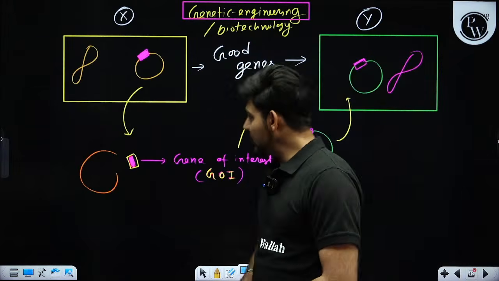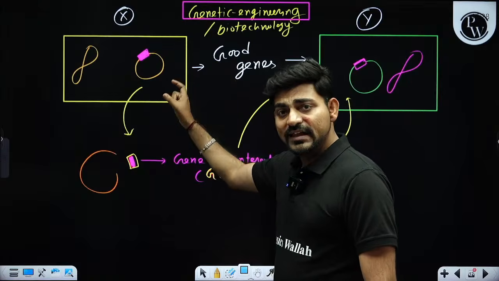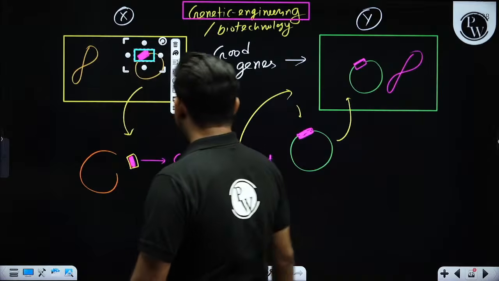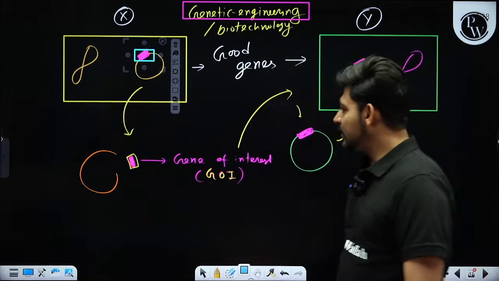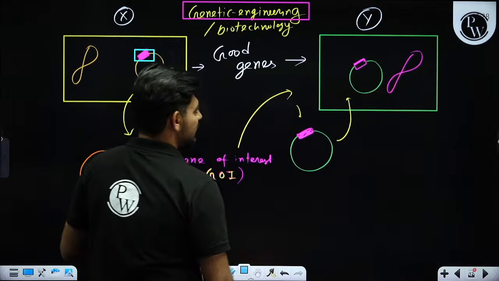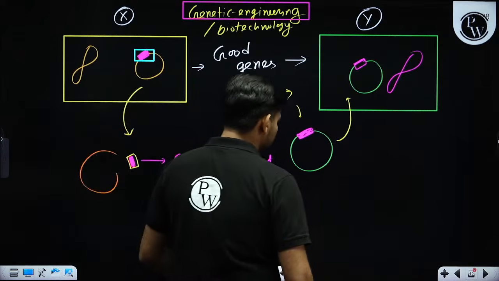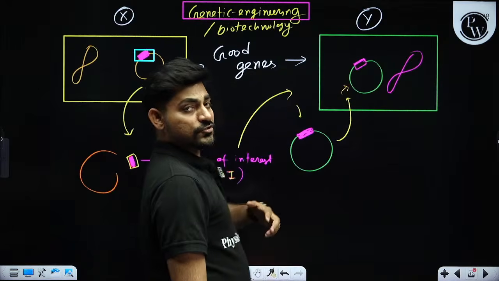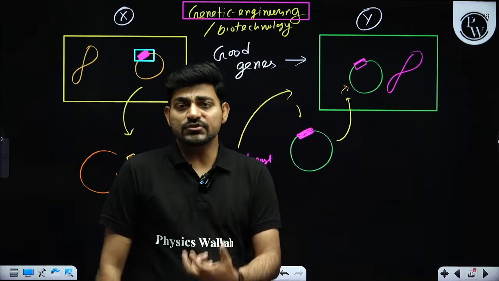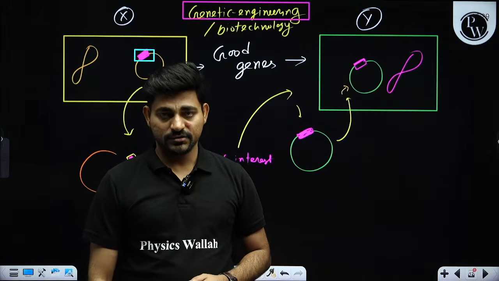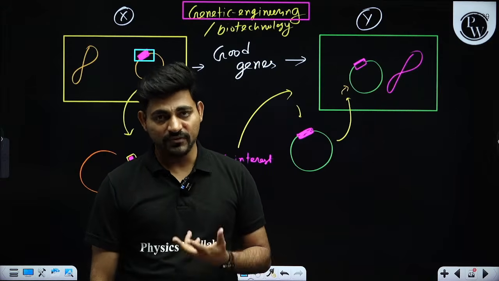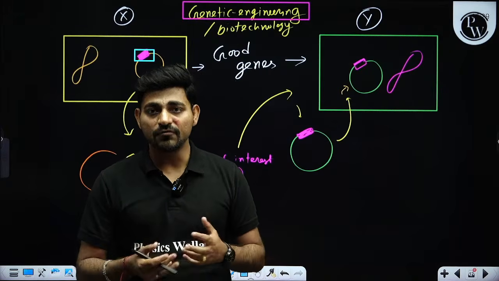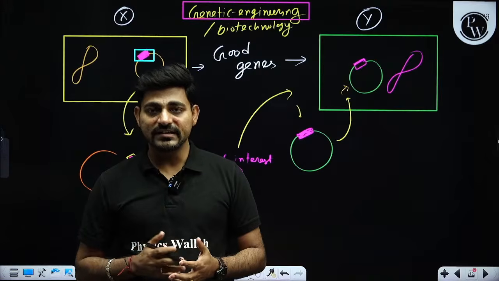Biotechnology will help you to select the gene of interest from the donor organism and to insert that gene of interest successfully into the host organism, which is going to produce the product for you, for human welfare. So that is the charisma of biotechnology or genetic engineering.